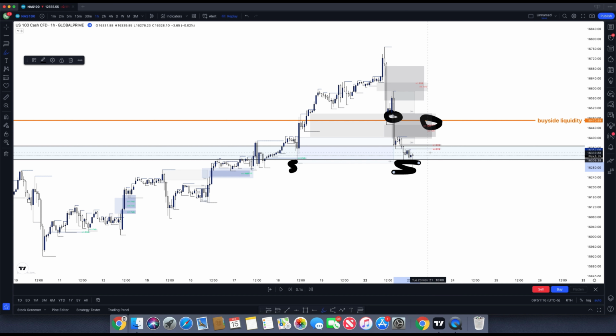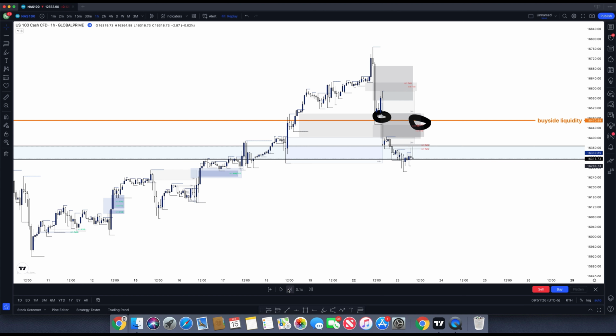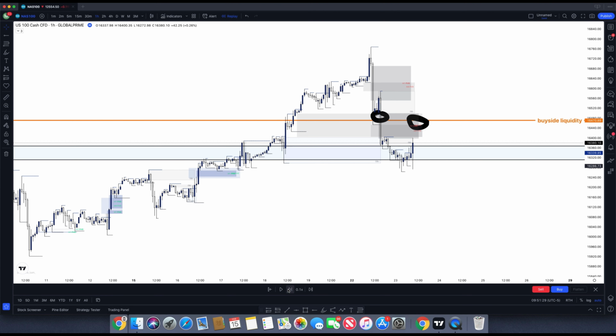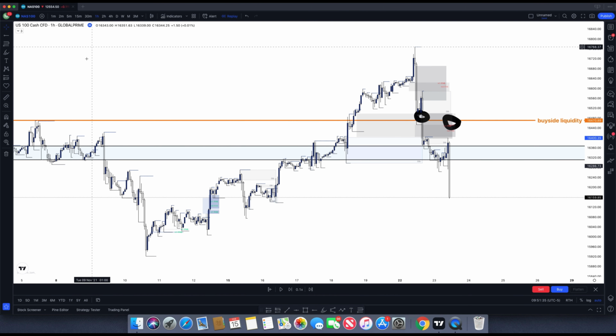This is still a daily bearish order block. And you guys can see the market's just trading lower. So now from these key points here, I'll have a target.